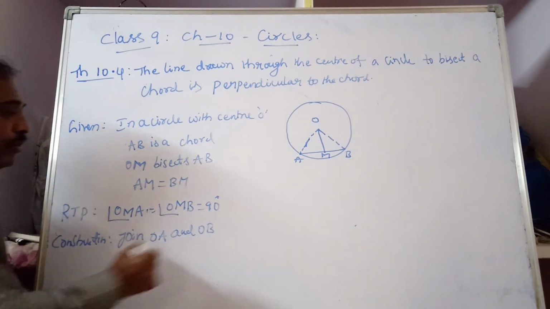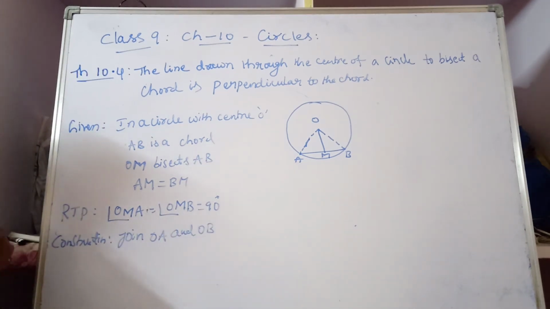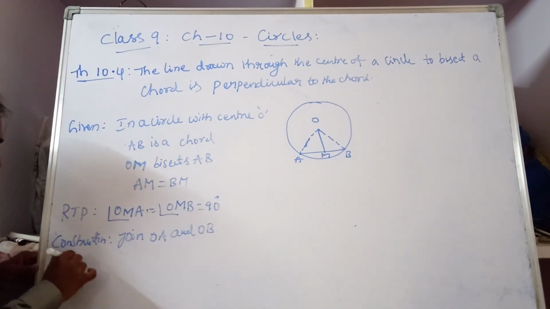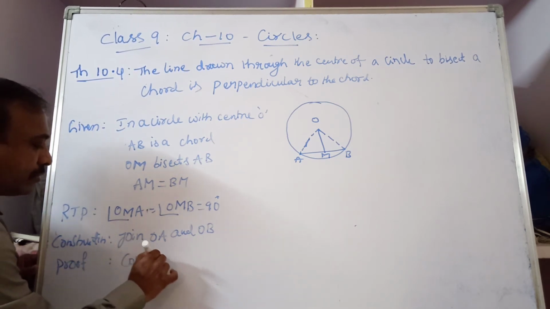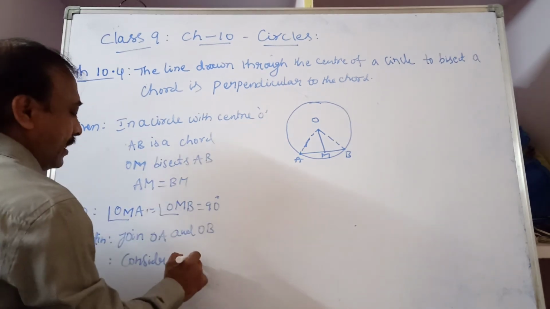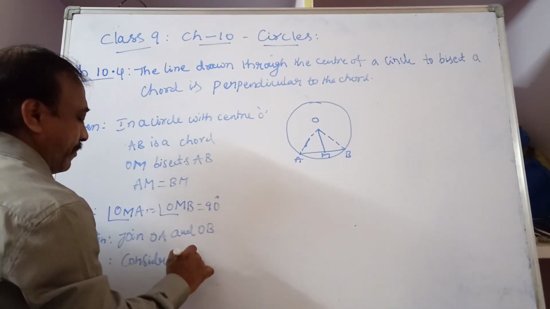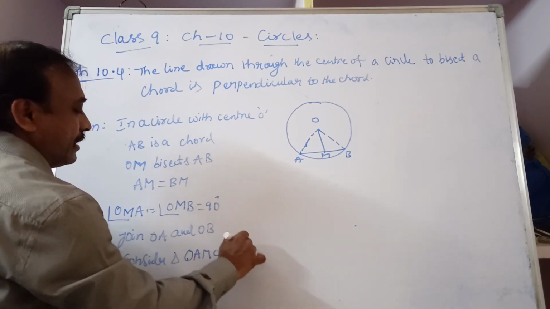Join OA and OB, which are radii. Now consider the proof. Consider triangle OAM and triangle OBM.